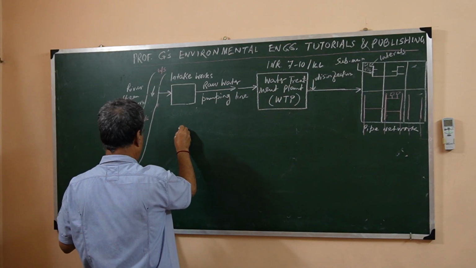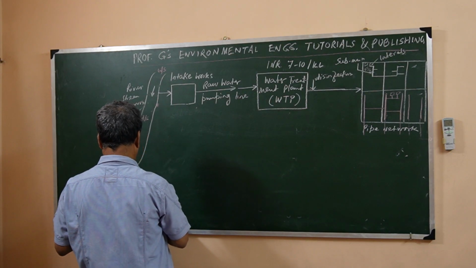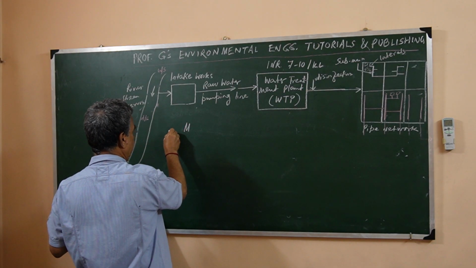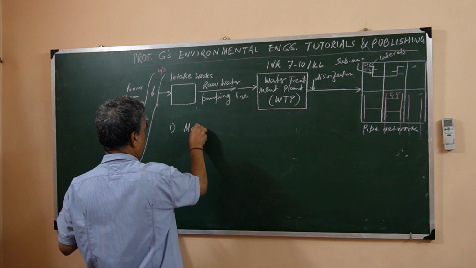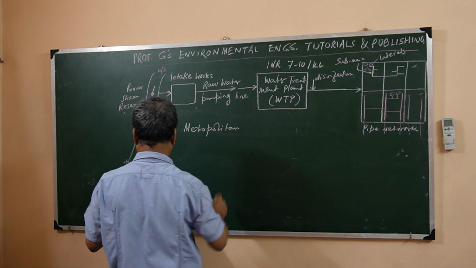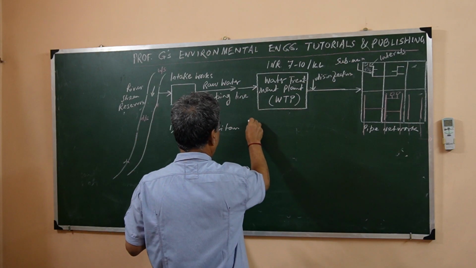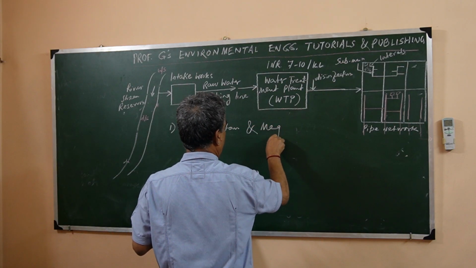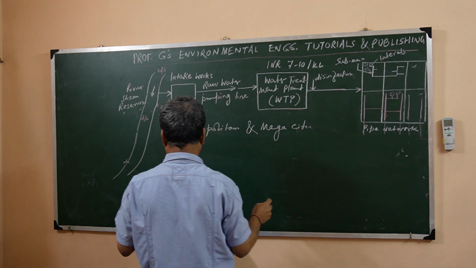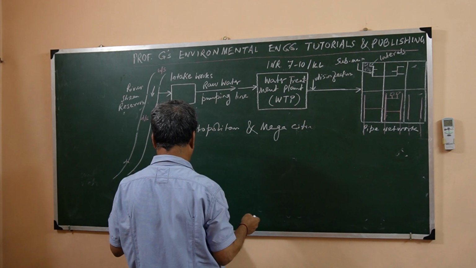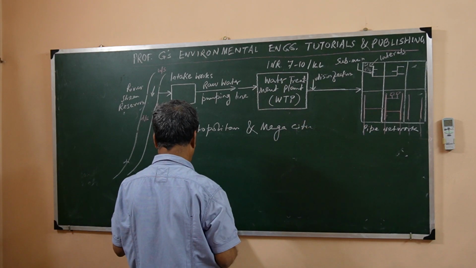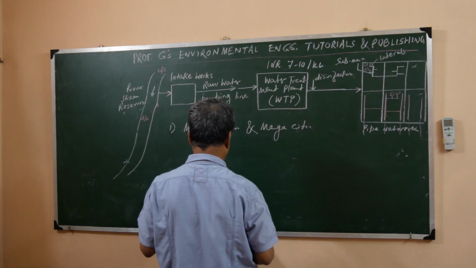Number one is the metropolitan cities, and sometimes mega cities also, where the sewerage system and the piped water supply system both exist.